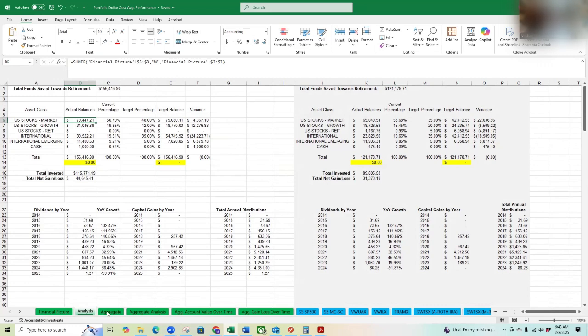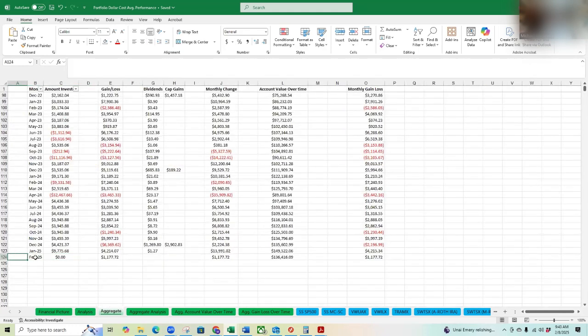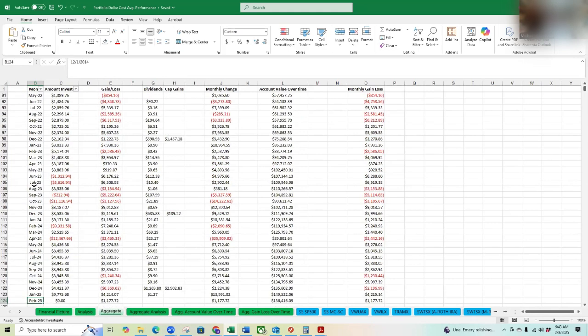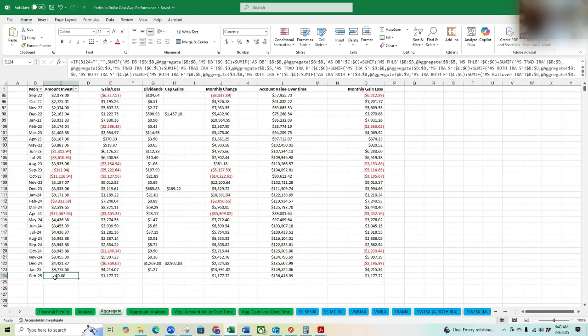This is probably the tab that's causing the most trouble, the aggregate tab. The aggregate tab pulls in, from the end of 2014, the entire amount invested every month, my gain/loss, dividends, capital gains, what the monthly change is, what my combined account value is, and then the monthly gain/loss.